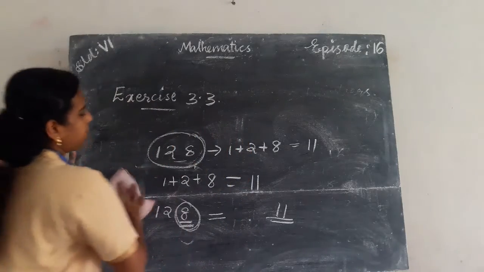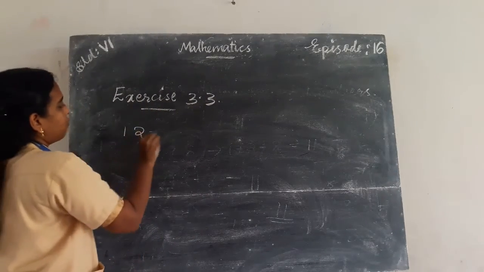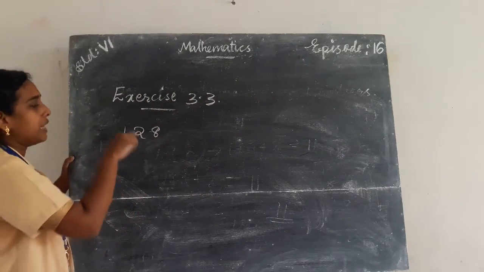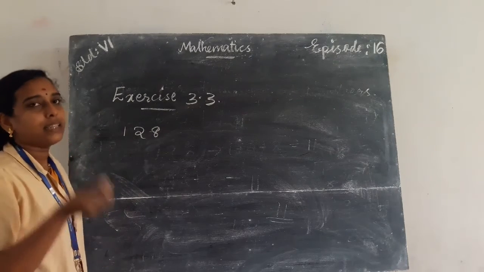Then 11. To check the divisibility of 128 by 11, first we take the sum of digits at odd places, then the sum of digits at even places, then take the difference.